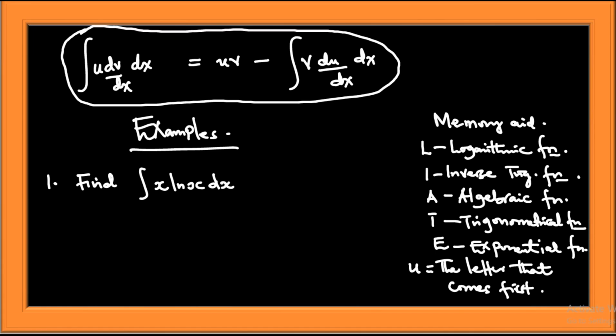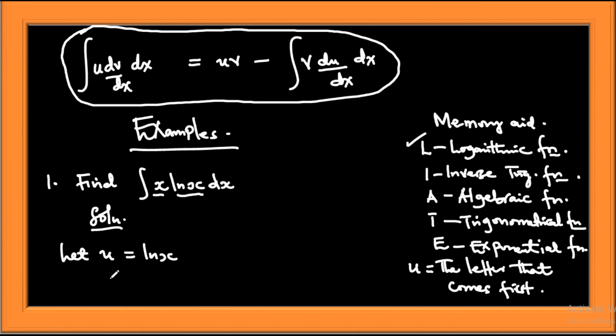Now, getting back to our question. When you look at x, x is an algebraic function. When you look at ln x, that is a logarithmic function. So we look at algebraic and logarithmic. Which letter comes first? It is definitely logarithmic. That means I will say in our solution that we let u to be natural log of x.